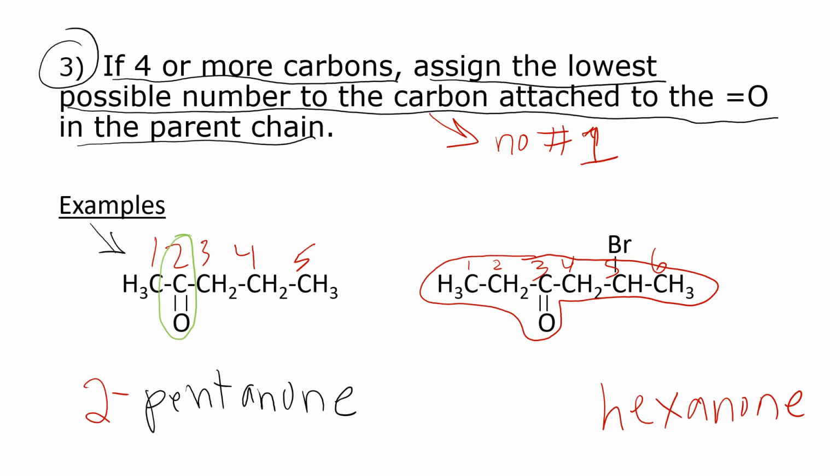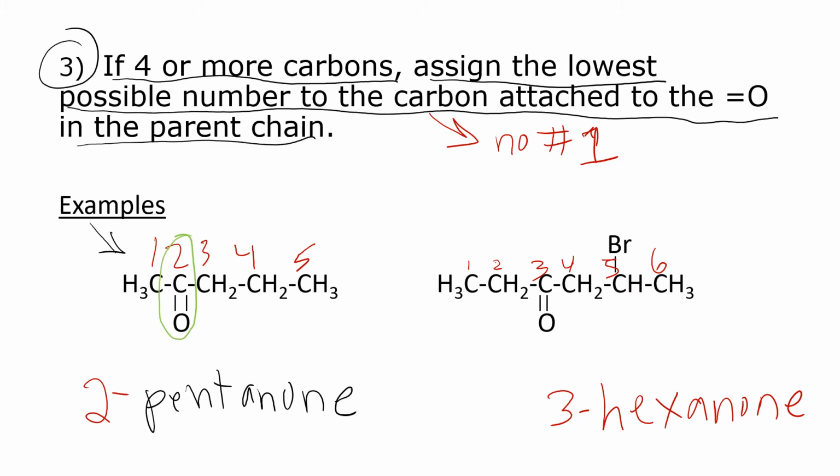Which carbon is it attached to? If we go left to right, it's at carbon 3. If we were to go right to left, it would be at carbon 4. So we want to go with the red numbering. I'm going to delete the blue. And that's attached at carbon number 3. So we have 3-hexanone as our parent.